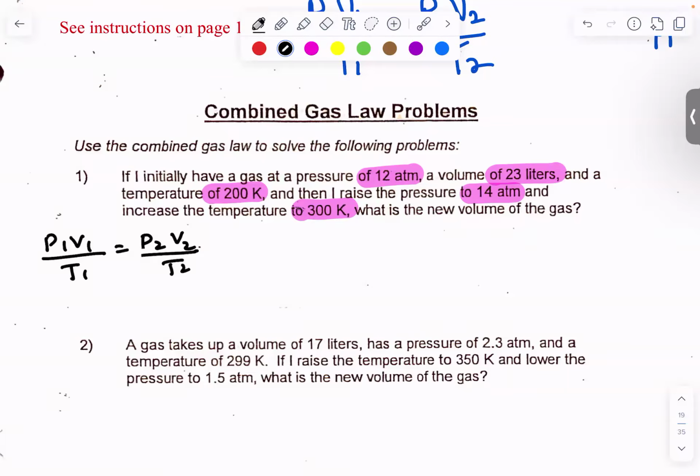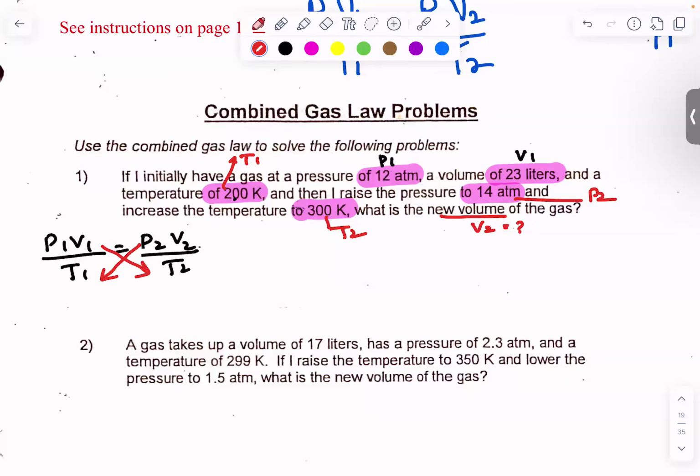So beta, let's suppose this is P1, this is V1, and this is T1, and then this is P2, and this is T2, and we need to calculate V2 equals question mark.